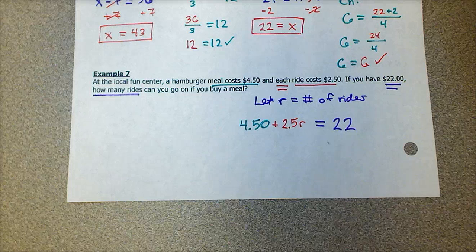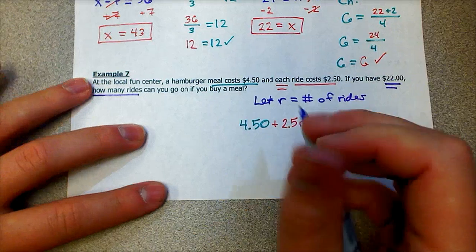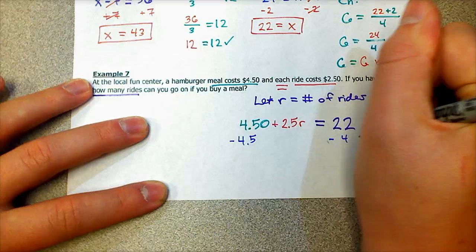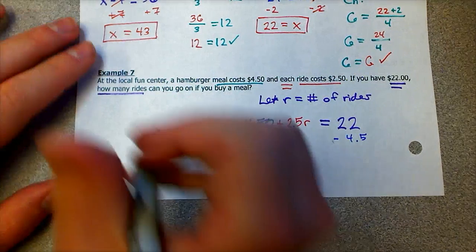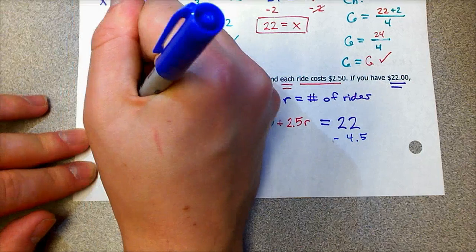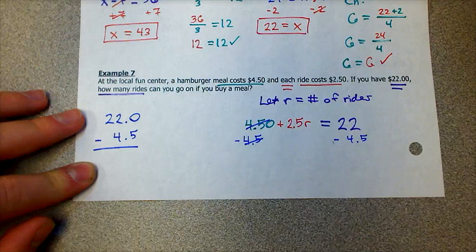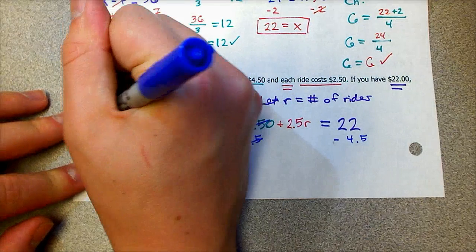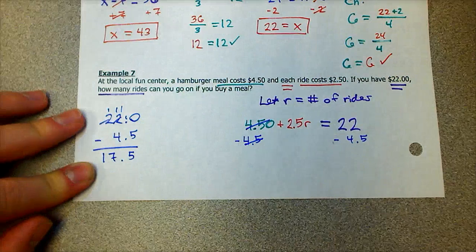So now to solve that equation, I need to undo addition first, so I can subtract 4.5 from both sides. Off to the side here, 22 minus 4.5, we'll have to work with decimals here. We get 17.5.